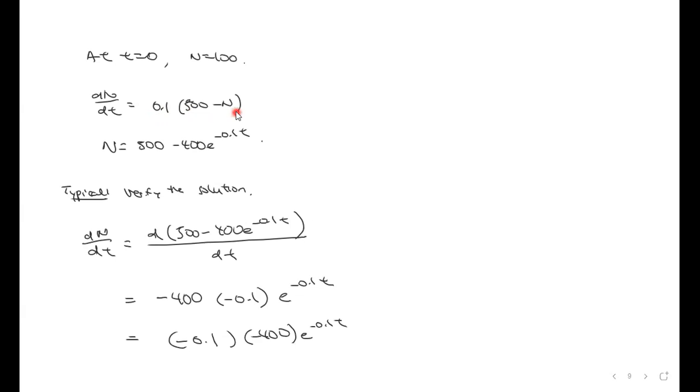So think about it. If N equals this, then 500 minus N is 500 minus (500 minus 400 e^(-0.1t)). So 500 minus 500 is 0, minus negative 400 is positive 400 e^(-0.1t). So that's 500 minus N.